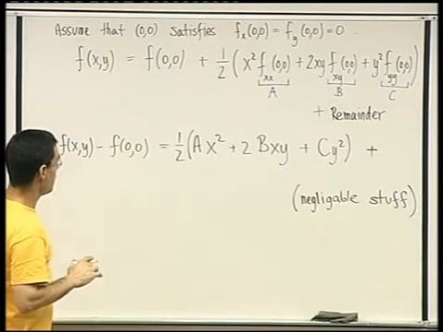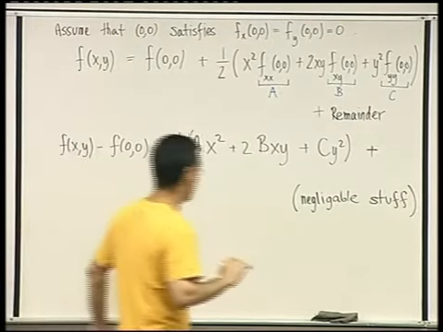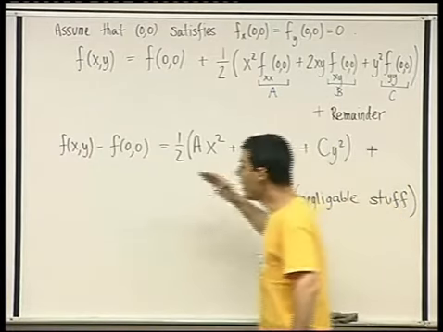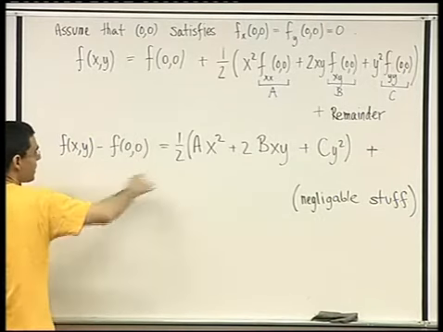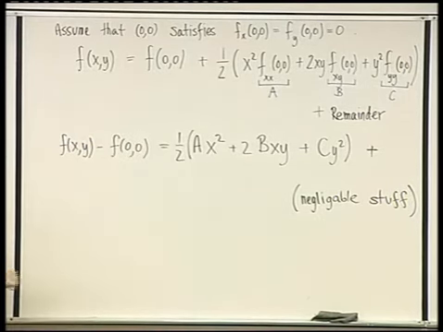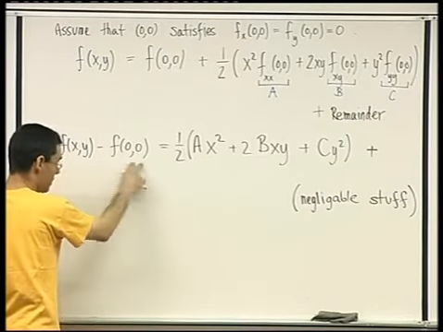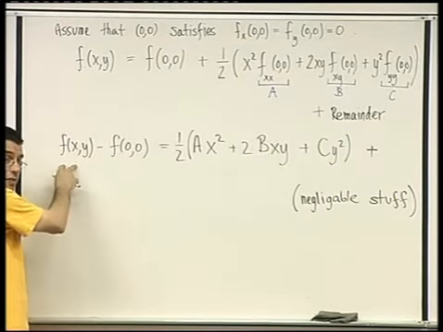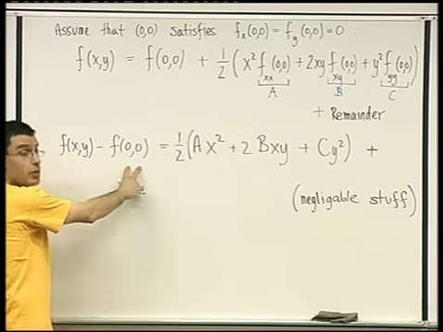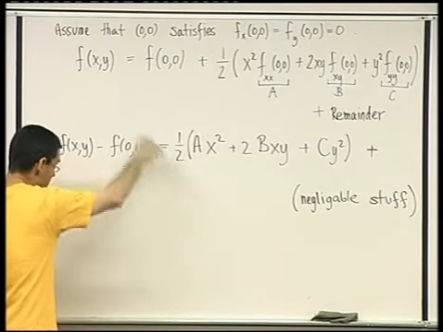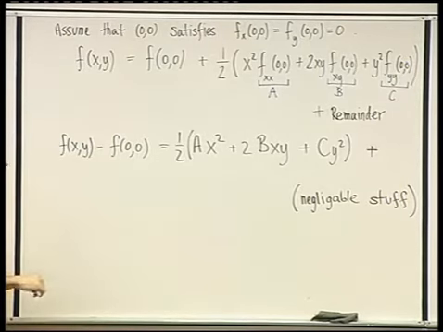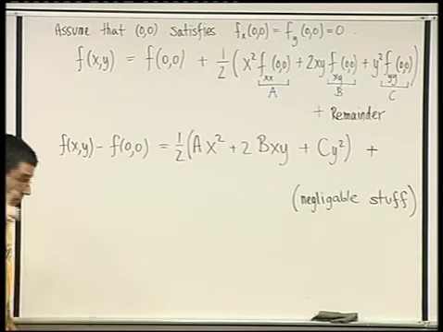Okay. So, what's the bottom line of everything I wrote so far? I want to know, when can I guarantee that the left-hand side is always positive? If this is always positive, it means that f(x,y) is greater than f(0,0) for every x and y. Do you agree? If this is always positive, then f(0,0) is a local minimum. Does everybody see that? Yes. Could it also be always negative? Yes.